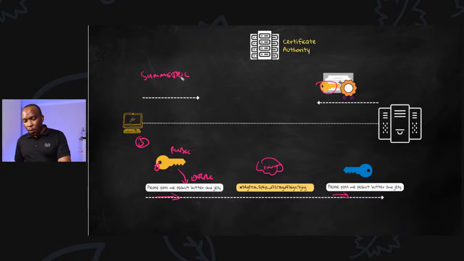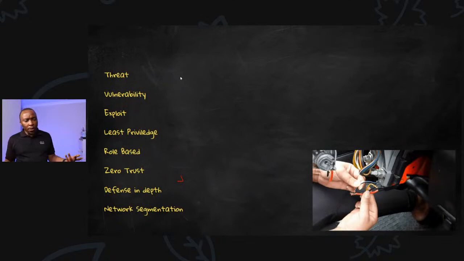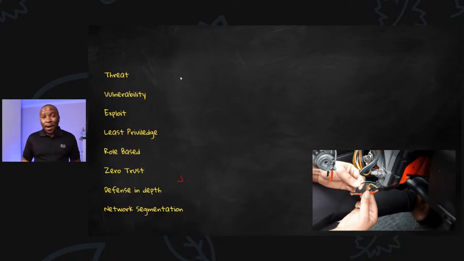We are going to go to the next slide. So now we're looking at the different threats and vulnerabilities that we can encounter on our network and how we can protect against them.